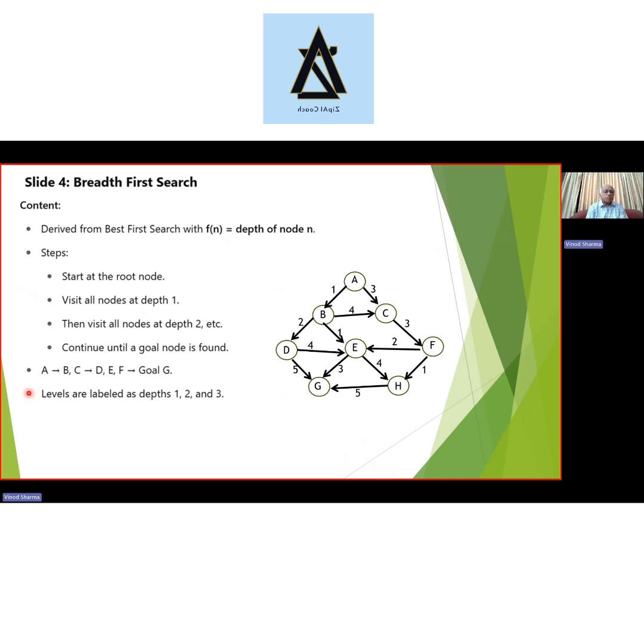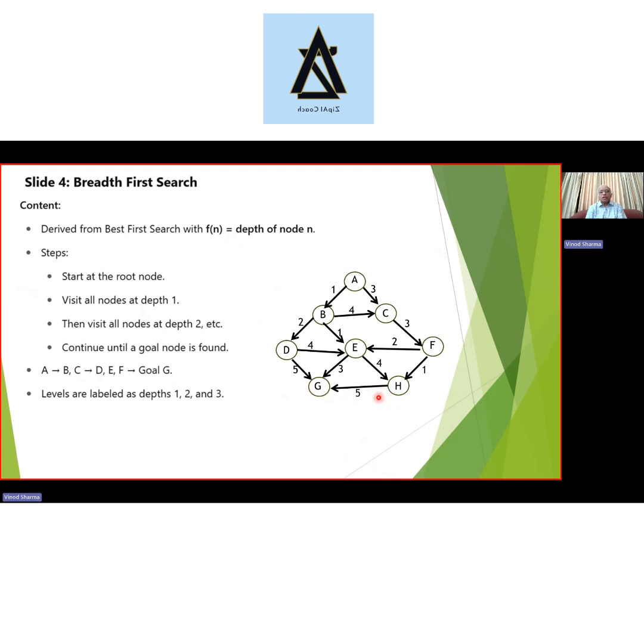So in this way, starting at A, you can go to B. You could have gone to C as well. So from A, first you will go to B and C. These are the nodes at depth 1. Then D, E, F, these are the nodes at depth 2. You will go there. Then after that, you will go to nodes at depth 3. So those are these 2 nodes.